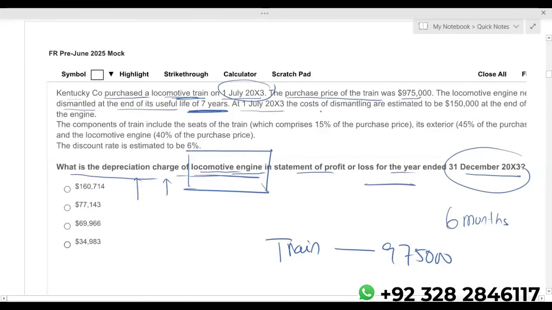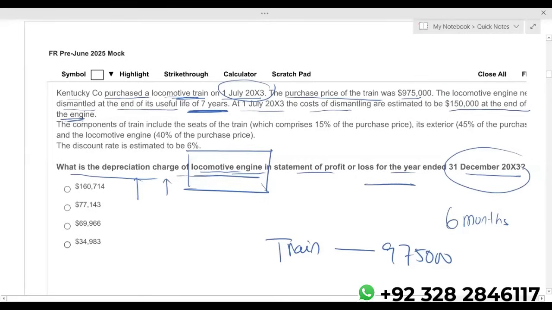At 1st July X3, the cost of dismantling is estimated at 1,50,000 at the end of the engine's useful life, at the end of the 7-year period.